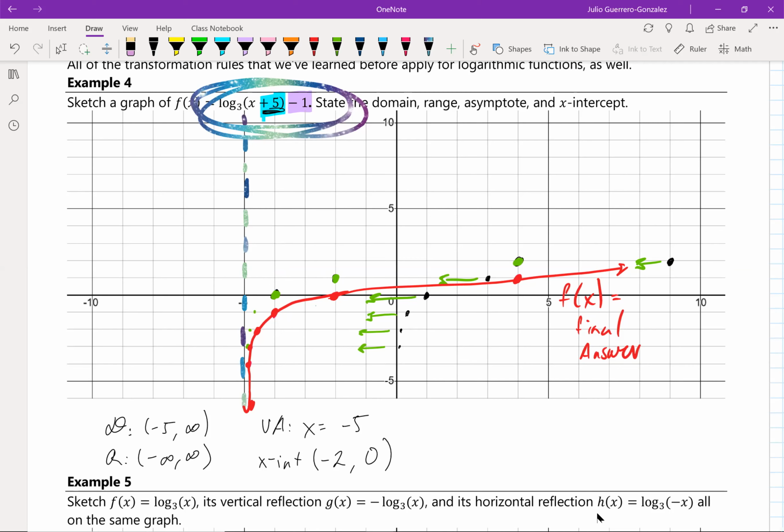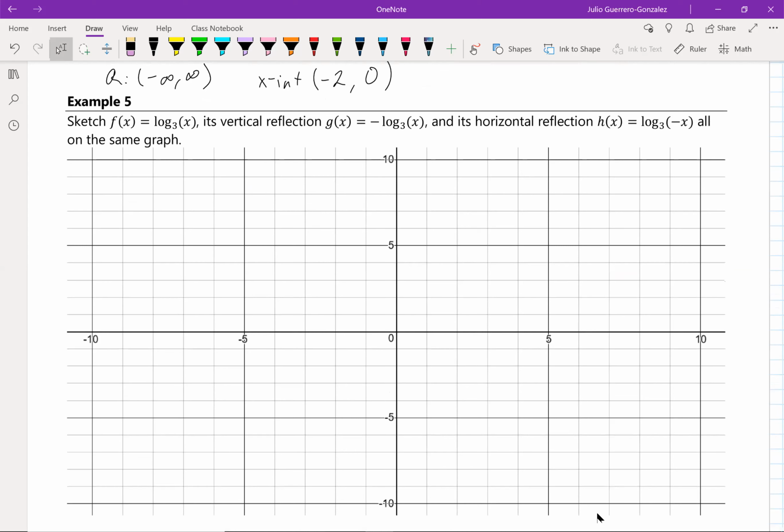So you guys see how useful that stuff is from the very first week of class. Technically, you guys have learned nothing new. Okay. Another one. So again, we're playing around with log 3. We know that our points go, the vanilla one, through here.